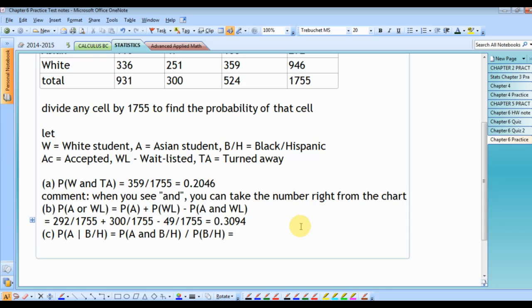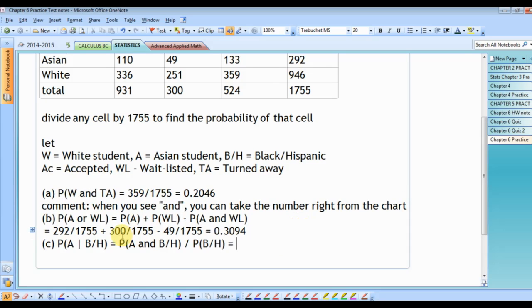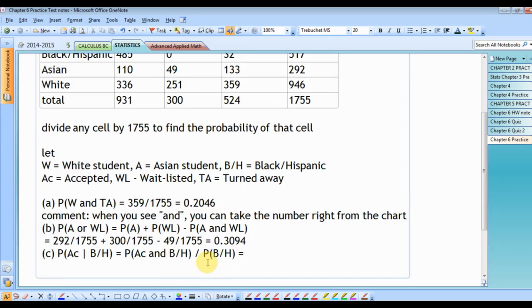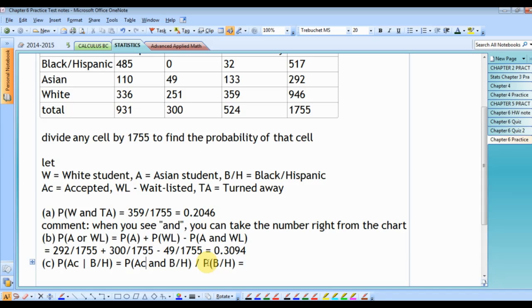What's the probability of Asian, Black Hispanic? I'm sorry, accepted. I used the wrong one. Accepted and Black Hispanic is 485. 485 out of 1755.